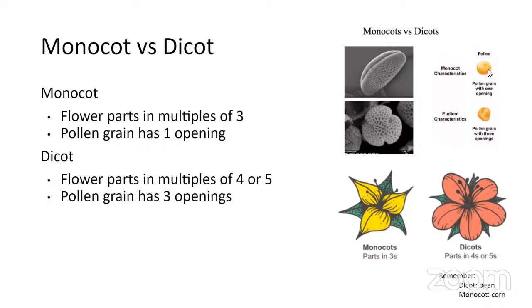In a monocot, the pollen will have just one grain opening. But in a dicot, it's going to have three different grain openings, so we can see this kind of trefoil, this 3-part structure. And in the dicots, we're going to have more flower parts, so multiples of 4 or 5.